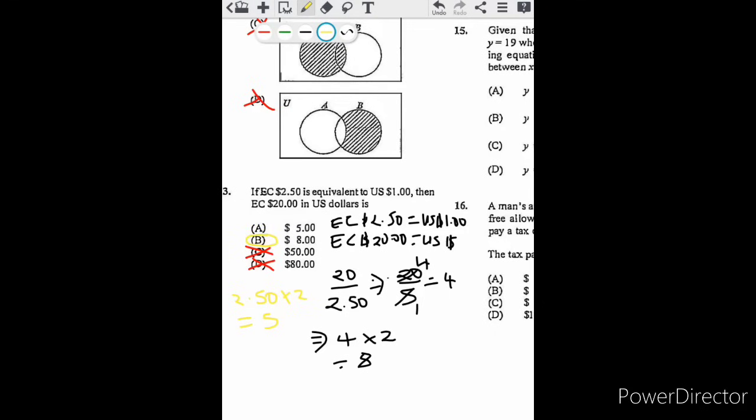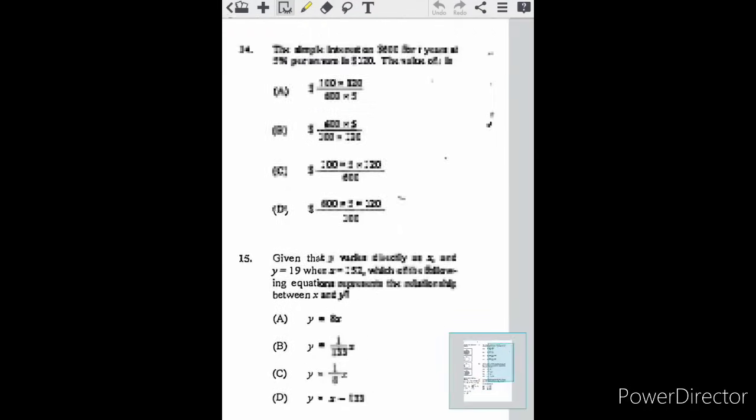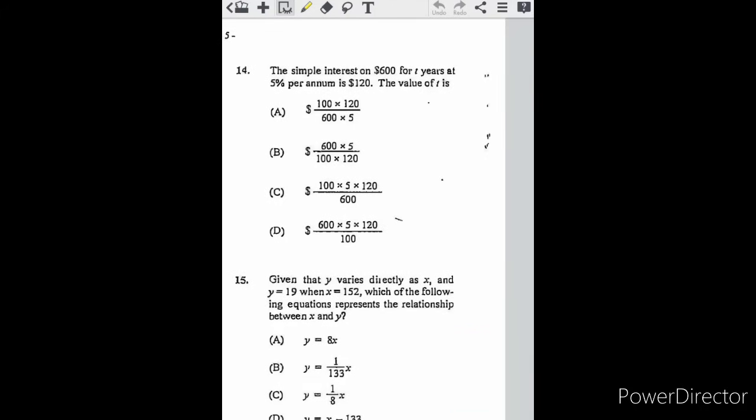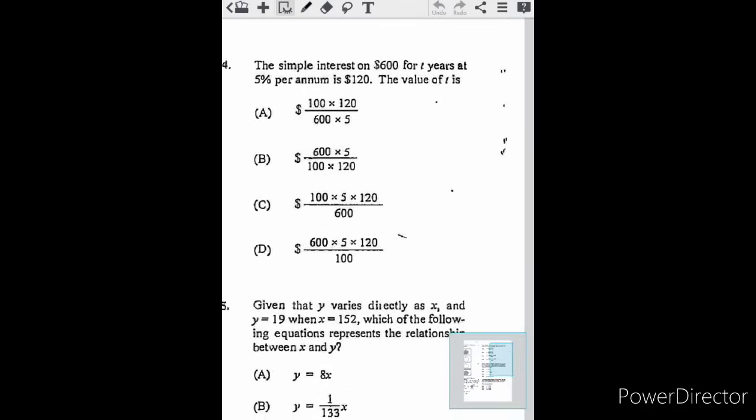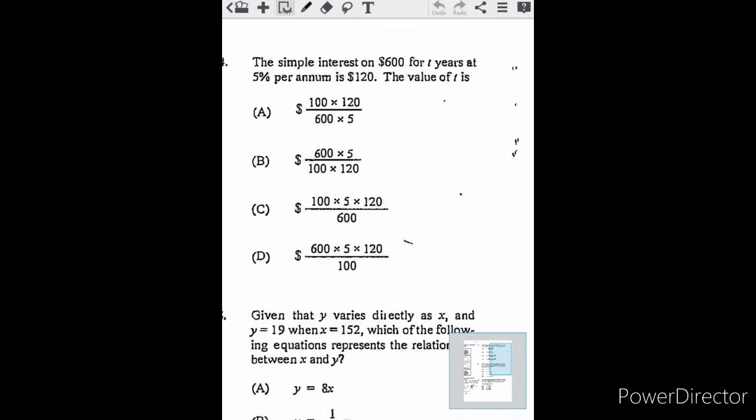Moving on to question 14. It says the simple interest on $600 for T years at 5%, let's zoom in, at 5% per annum is $120.